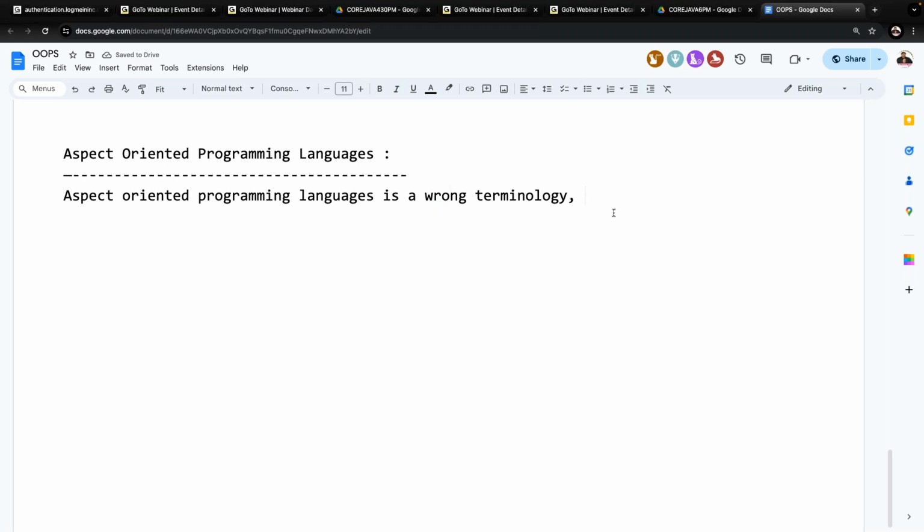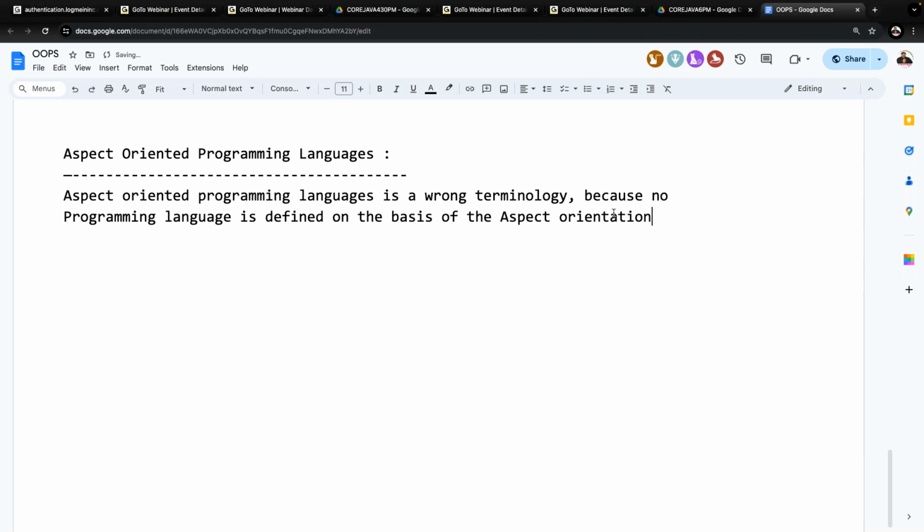Why? Because no programming language is defined on the basis of aspect orientation.